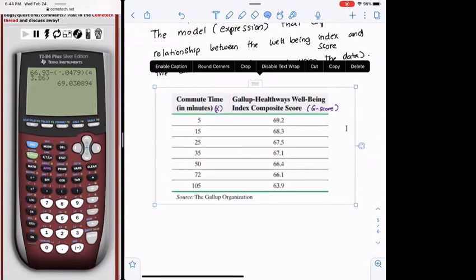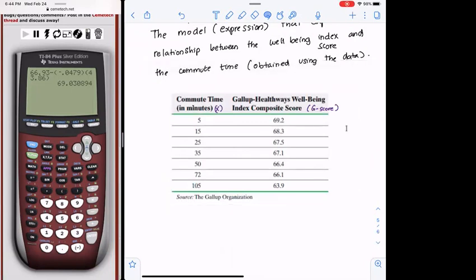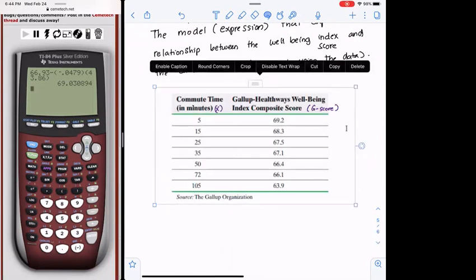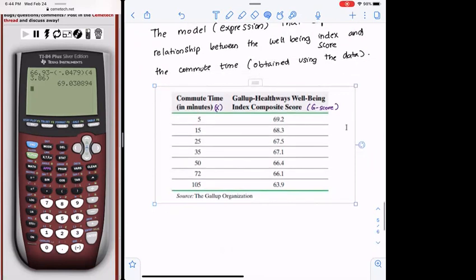For each of the x values, we have the actual y values. So what we have here in the given table would be the actual values. Now I'm going to write the fitted values.